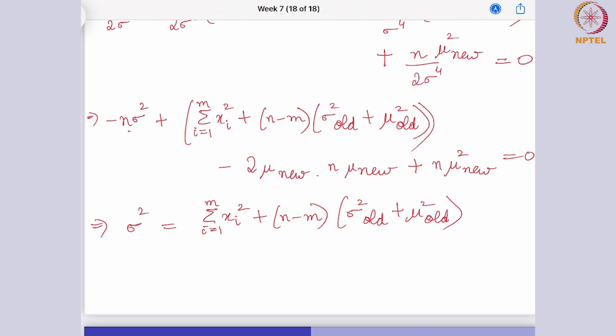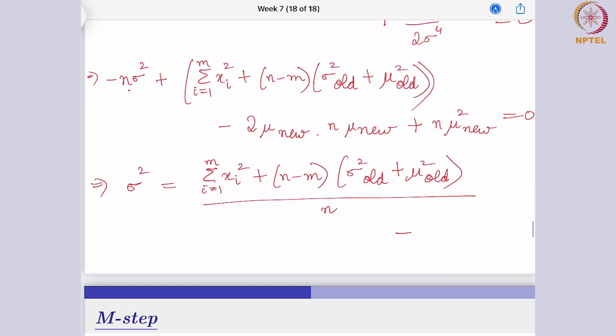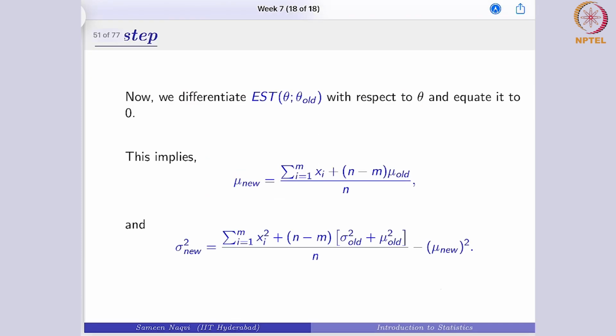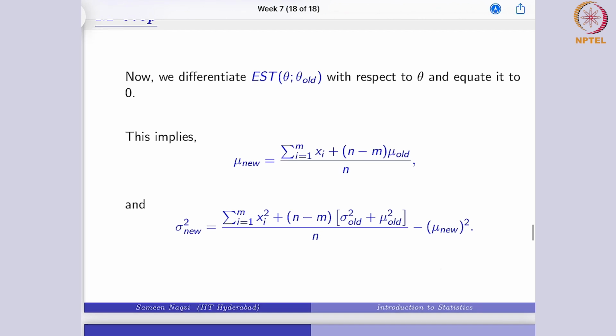This whole divided by n, minus, because this is the term that we are left with, minus 2n mu new square plus n mu new square, so it means the terms would combine and what you are left with is minus mu square new. So this is your new estimate for sigma square, which is given over here.